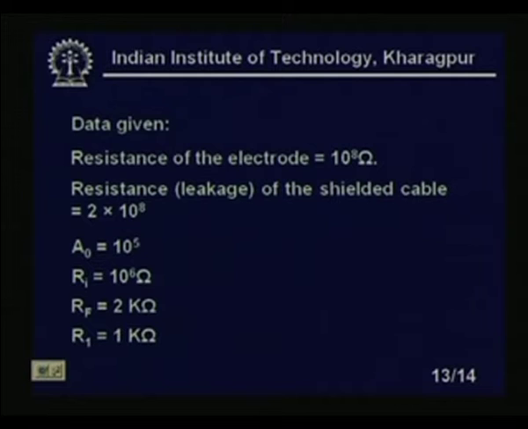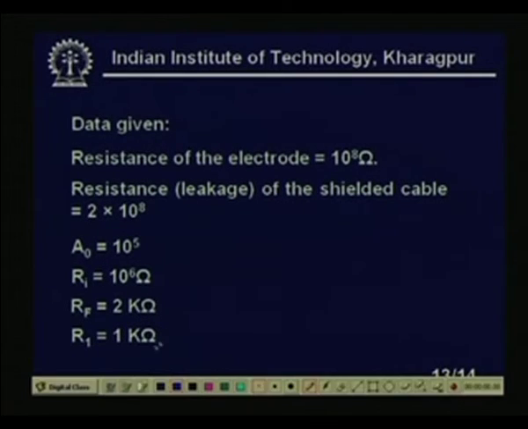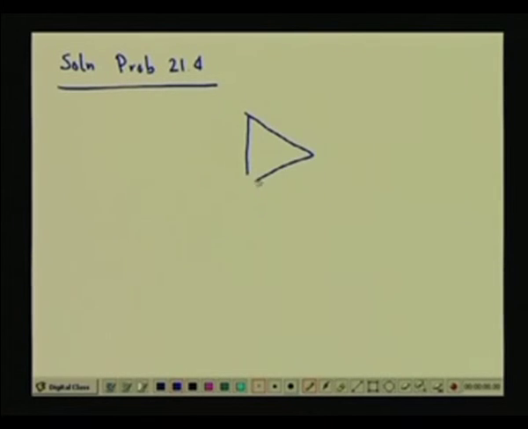So, this is our problem. Now, let us look at the solution. Solution to problem 21.4. The op amp given in the problem can be represented like below. You see that we can draw it like this, with plus and minus terminals.